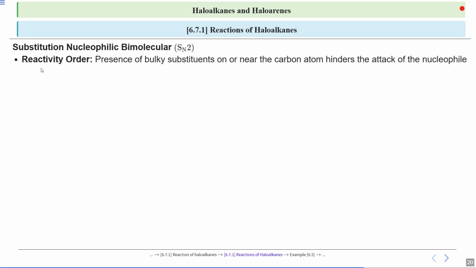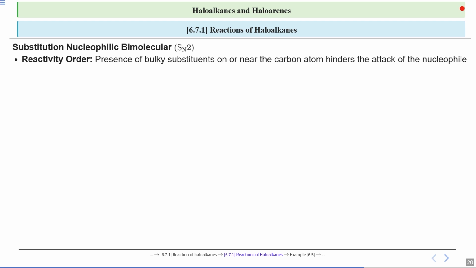Reactivity order, if you talk about the reactivity order of the SN2 reaction: the presence of bulky substituents on or near the carbon atom hinders the attack of the nucleophile. Because in this reaction there is no formation of carbocation happening, right? So that means in the SN2 reaction, the reactivity does not depend upon carbocation stability, right?